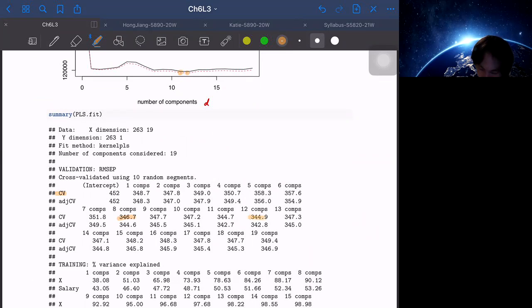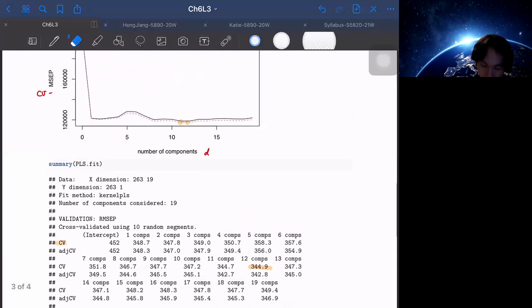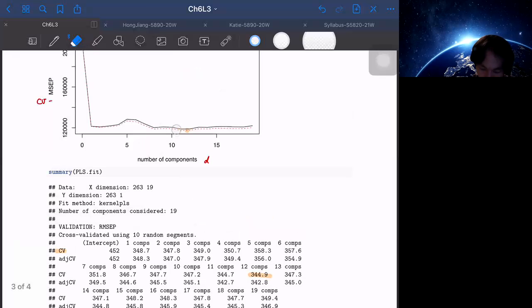No, actually this one is better. So 12 is the best. This is the best point in terms of the black line.